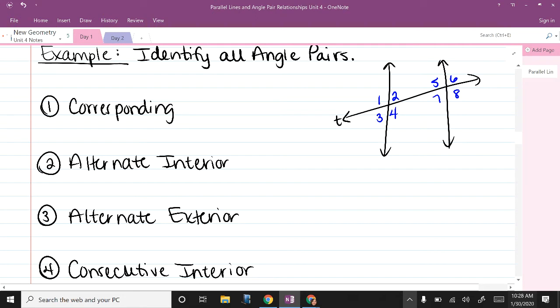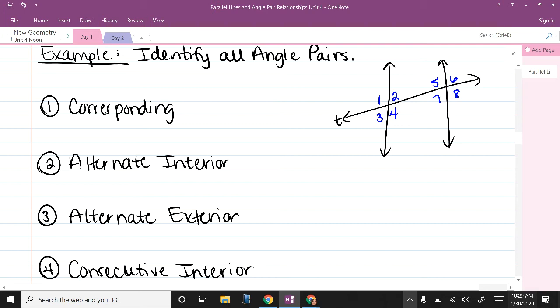Okay, and you might want to draw this picture and label all the parts. Make sure you label the numbers. And we're going to list all of our corresponding angles, all of our alternate interior angles, all of our alternate exterior angles, and all of our consecutive interior angles. Y'all, knowing these angle relationships is the most important thing you can know about this unit.